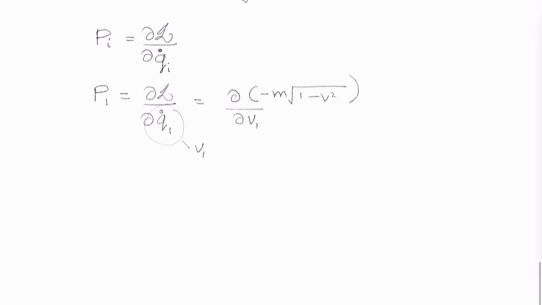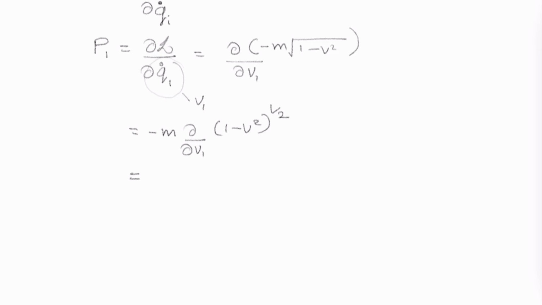We'll write this once again as minus m d by dv_1 of 1 minus v squared square root. We'll write it as 1 minus v squared to the power half, differentiated with respect to v_1. When you differentiate this thing within the bracket as itself, it becomes one half times minus m times 1 minus v squared to the power minus half.